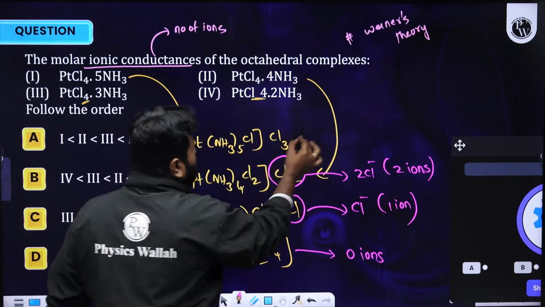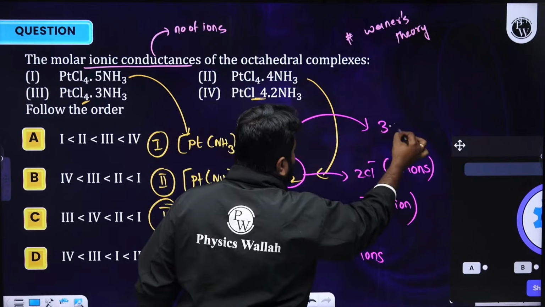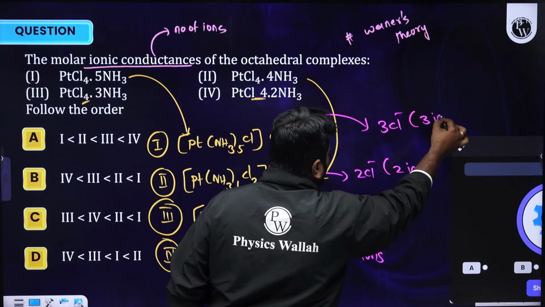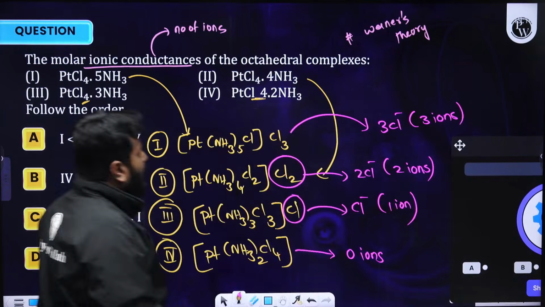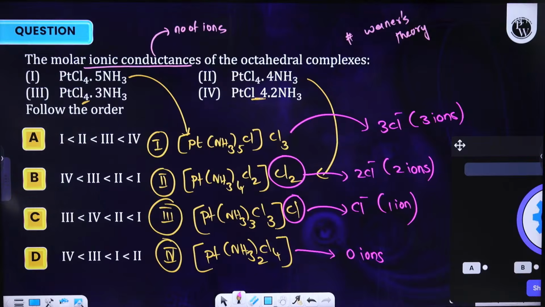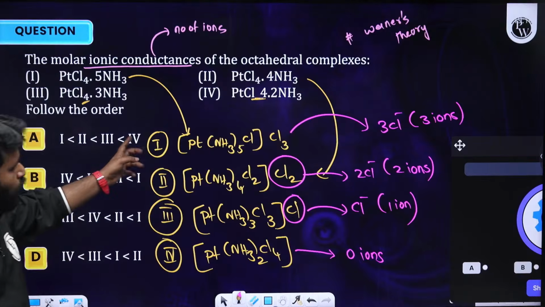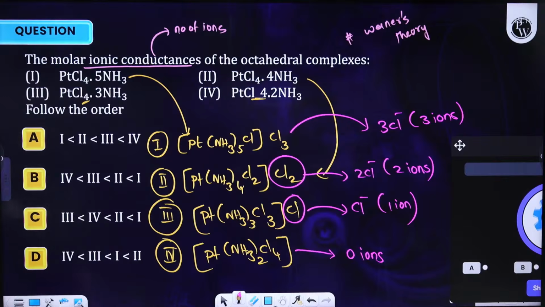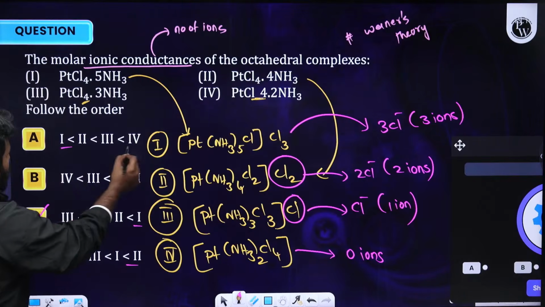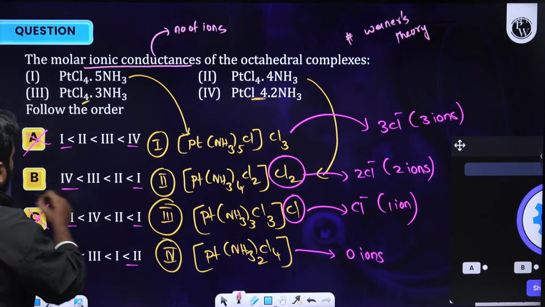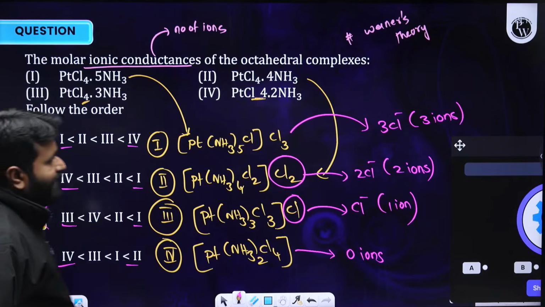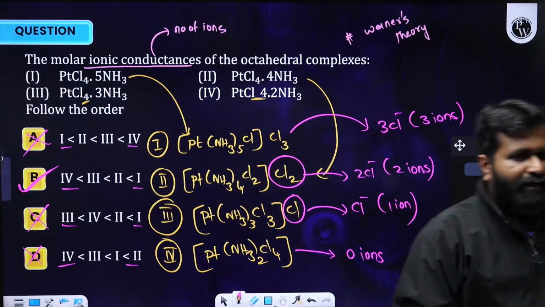If this gets dissociated, Cl3 will come out as 3 Cl minus ions. So 3 ions. Now automatically which one is having more conductivity? Least is 4. So 4, 2, 3, 1. Option B is the right answer.